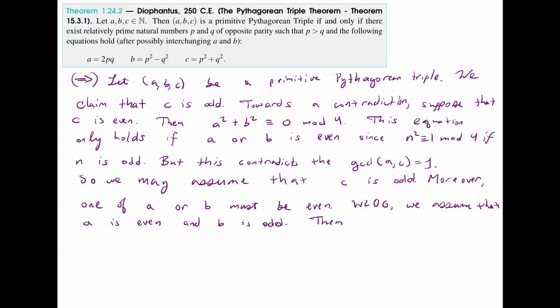Then, if we look at the equation A squared plus B squared equals C squared, we can get a difference of squares.